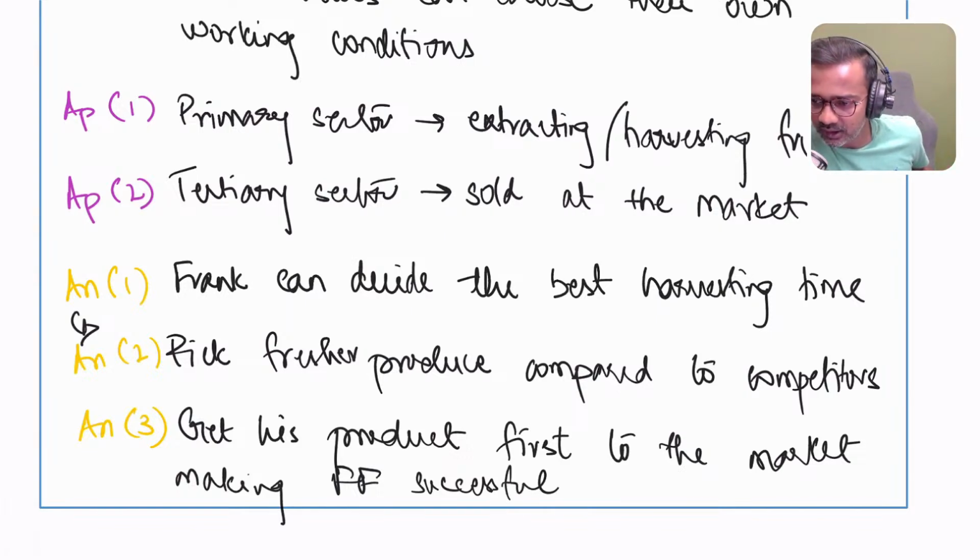Okay. So this is again a second way that he can decide when to work, how to work, and because he can decide, he picks the right time to pick the fruit, get it to the market, get it there faster because his competition has to get it from hundreds of kilometers away. Well, he doesn't have to do that. Okay. You could have also talked about, you have full control over profit.